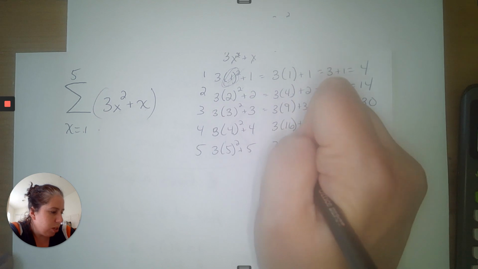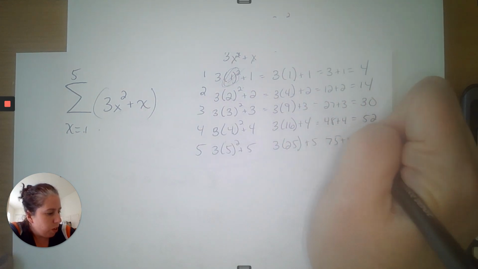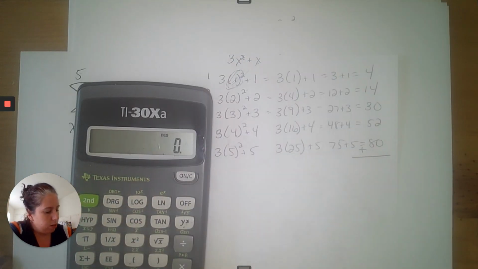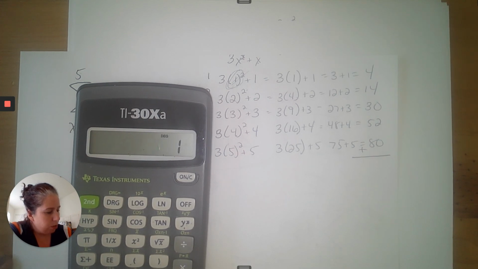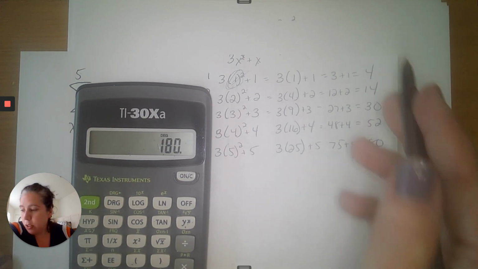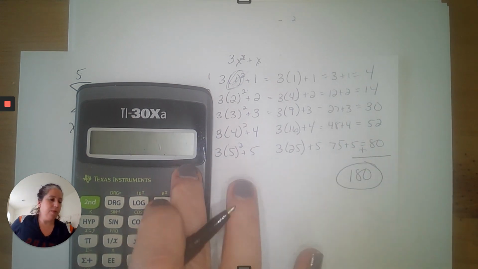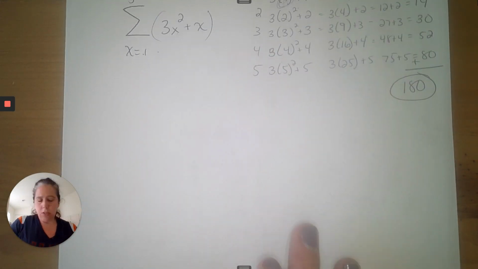So that's 3 times 25 plus 5 gives me 75 plus 5, which is 80. Don't forget to add them at the end, right? Okay, so 80 plus 52 plus 30 plus 14 plus 4, and I got 180.